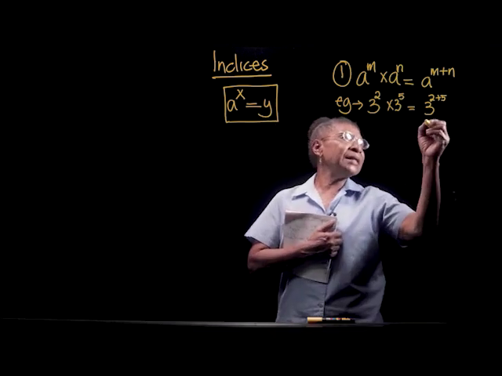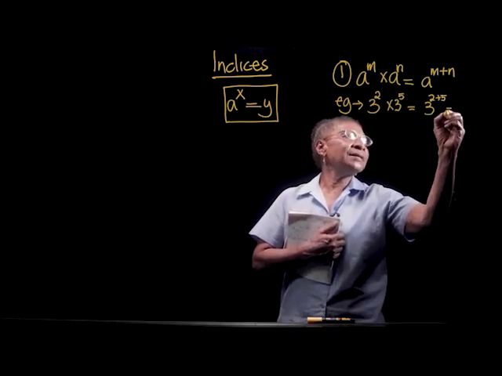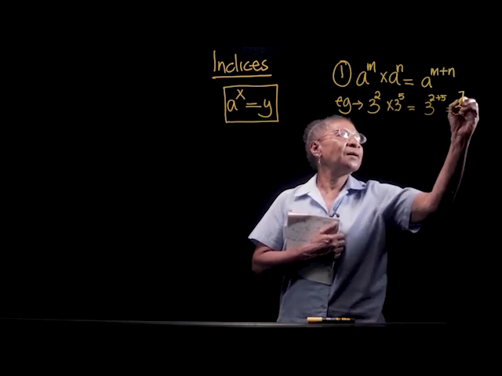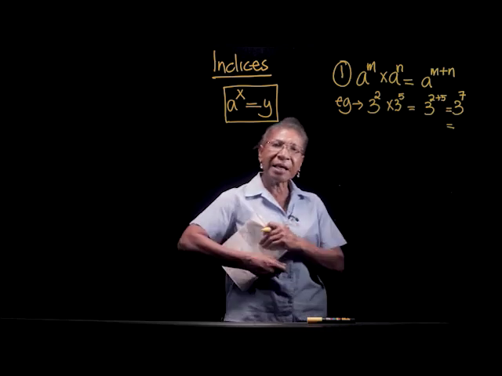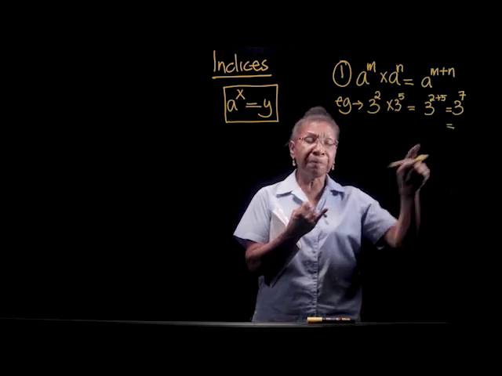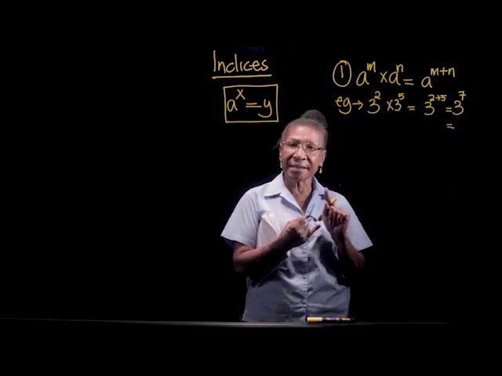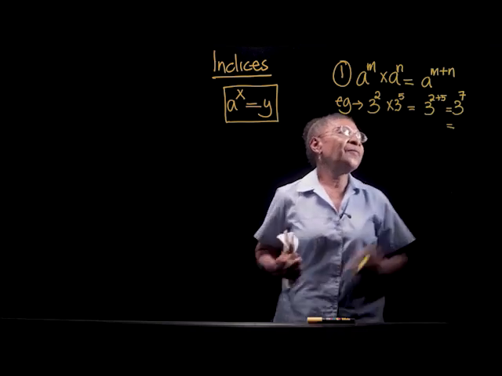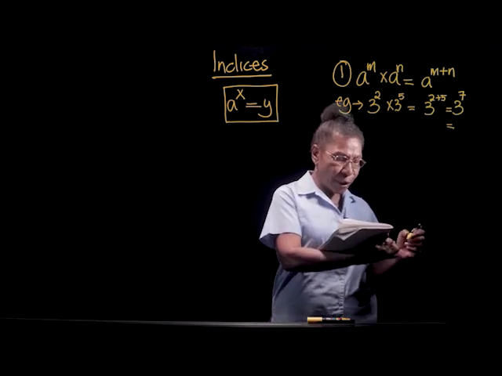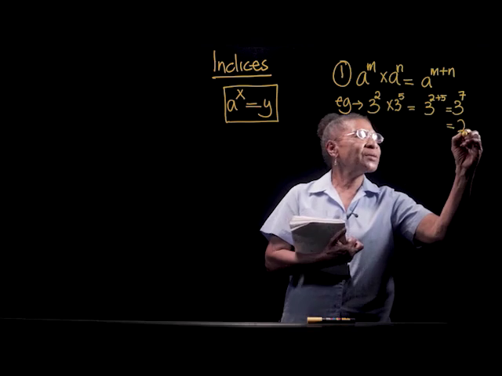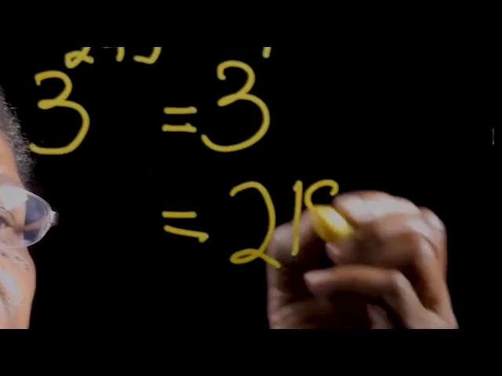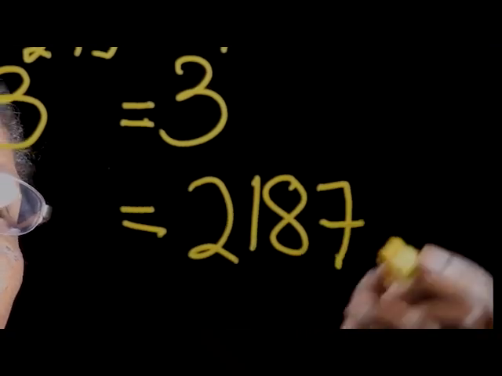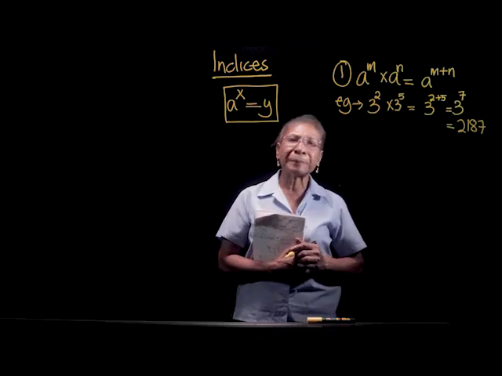It simply means it is 3 raised to the power of 7. That means that you multiply the base 3 by itself 7 times. And the final result of that would give us a product of 2,187. That is indices law number 1.